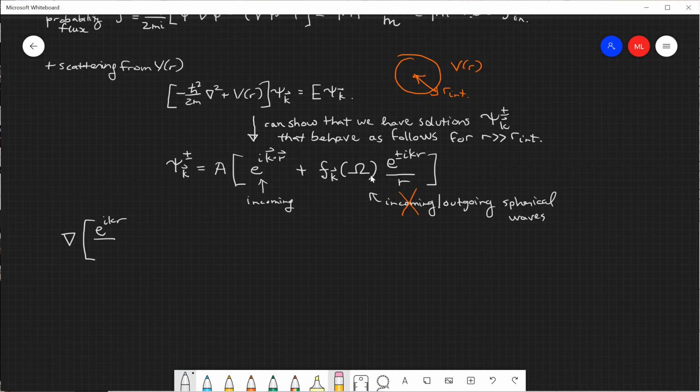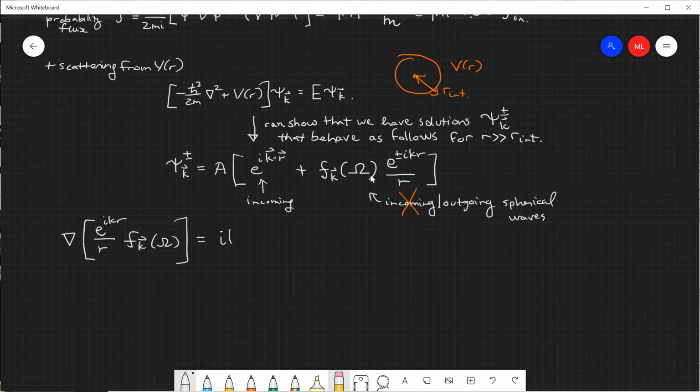If we take the gradient, which will help us see what the flux is, of this part, then what happens? Well, you'll get a term that hits this exponential, and then you'll get another term that hits this r, but that part will give us something that goes like 1 over r squared, which will be small compared to the first term.